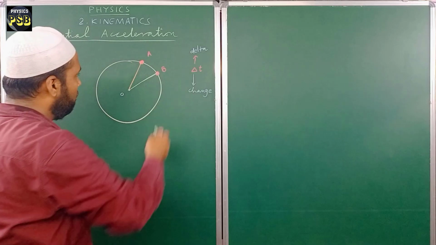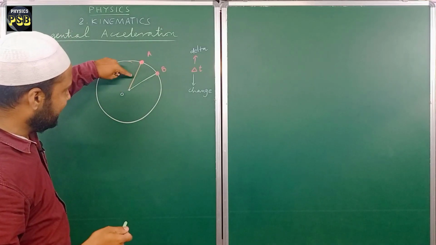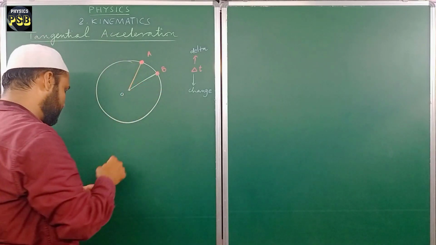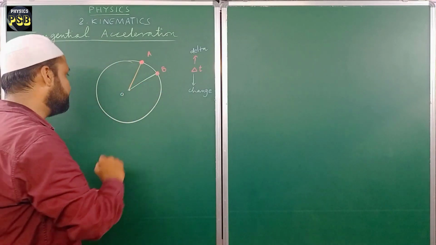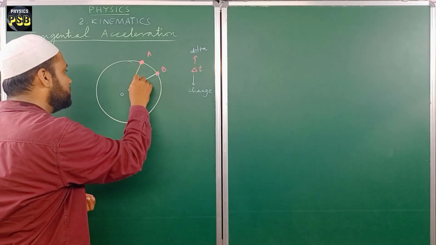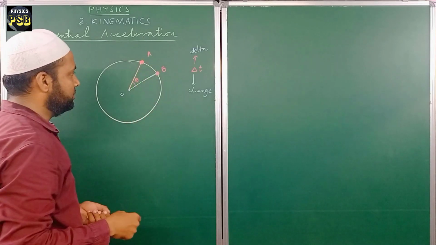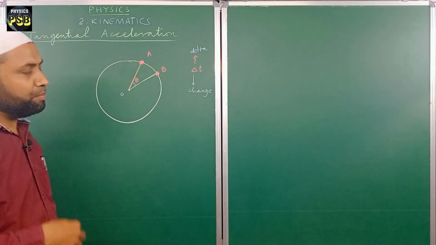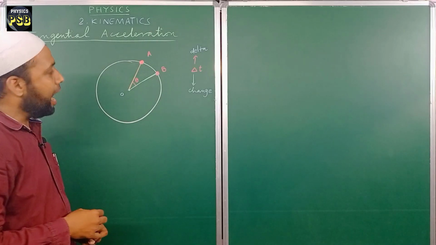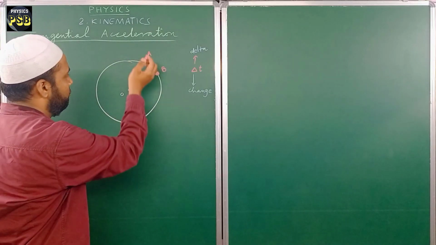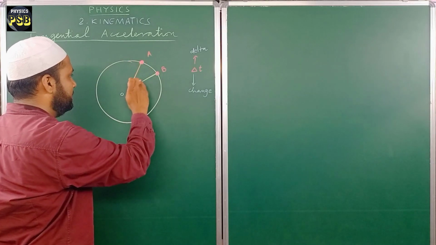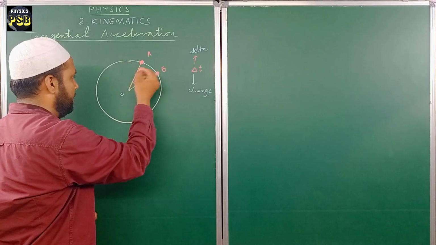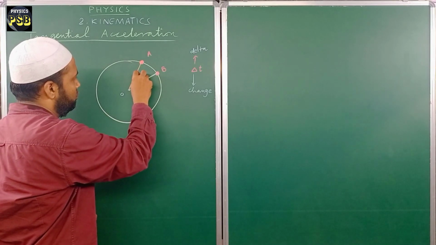Now when it moves, along with it, this line which connects the center to the object also moves. So it sweeps an angle. This angle swept by the object, by this radius, represents angular displacement. For my convenience, I take this angle to be equal to delta theta.